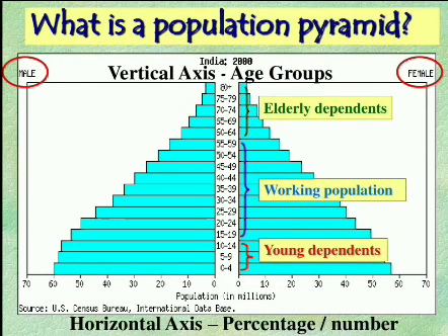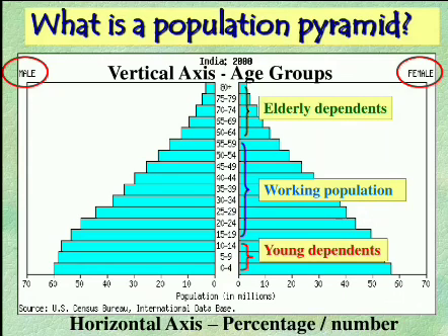So what is a population pyramid? Here you can see the age on the y-axis, starting from 0 to 4, 5 to 9, 10 to 14, till 80 plus. In the x-axis, you can see the percentage of population, that is 0, 10, 20, 30, like that; the population is given in millions. On the right hand, you can see the female population is given. On the left hand, you can see the male population is mentioned.